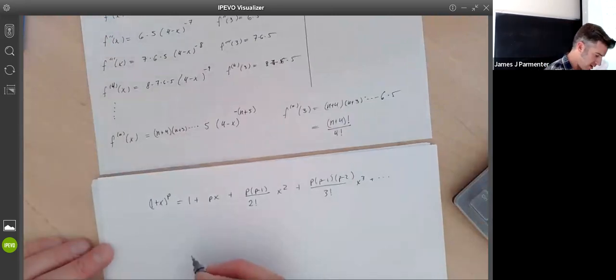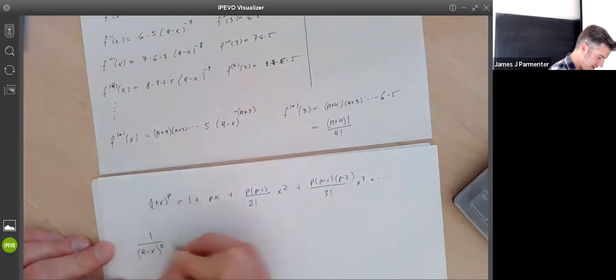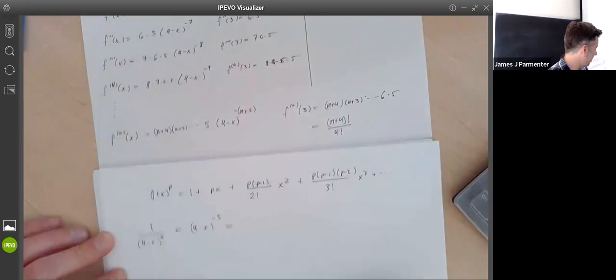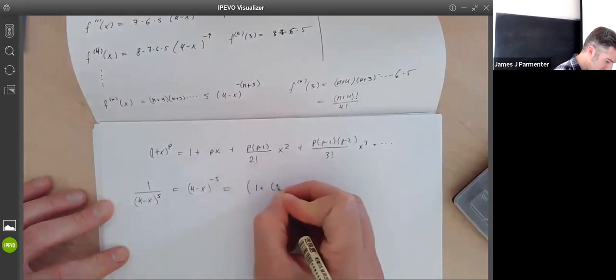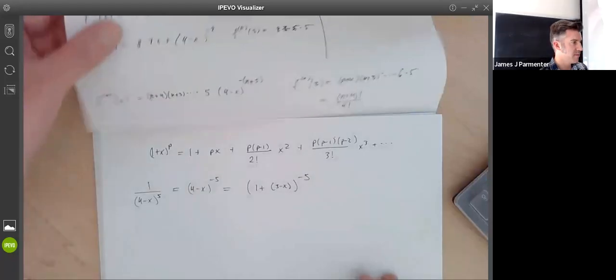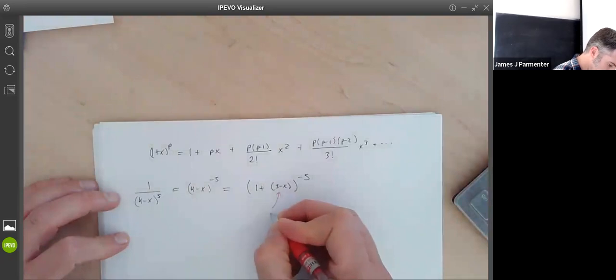So you could have written 1 over 4 minus x to the 5th as 4 minus x to the negative 5th. And here's the part where it's a little weird, as 1 plus 3 minus x to the negative 5th. So this thing is acting like your x.